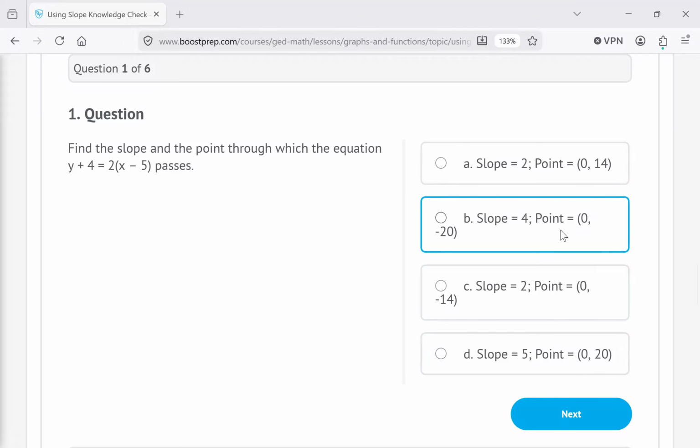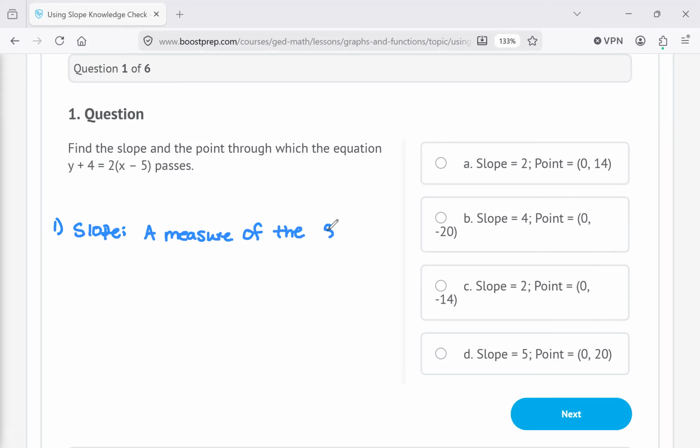Okay, so go ahead and get out your notebook. We're going to write out some very important notes. The first one I want to briefly talk about is slope. So you have an introduction to slope. Basically, it's a measure of the steepness of a line.